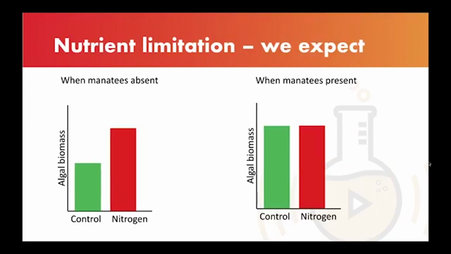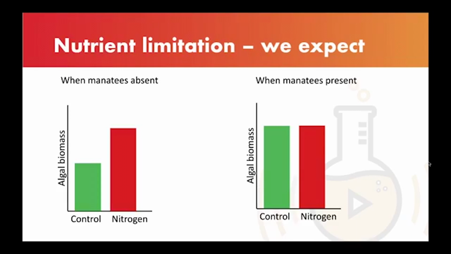And so we'll move on to the next slide now about what we expect with nutrient limitation. What we expect is that when manatees are absent, on the graph on the left, we expect there to be higher algal biomass on the nitrogen treatment relative to the control treatment.